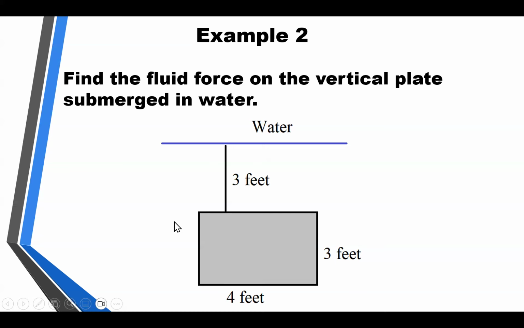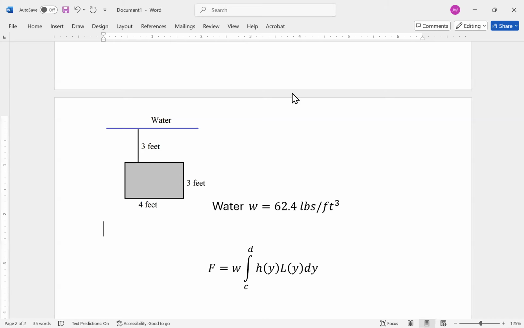So where are we going to put our origin? What I'm going to do is put my origin at this lower left corner here. And then my y-axis is perfectly aligned with the left-hand side of the rectangle, and my x-axis will be perfectly aligned with the bottom of that rectangle.